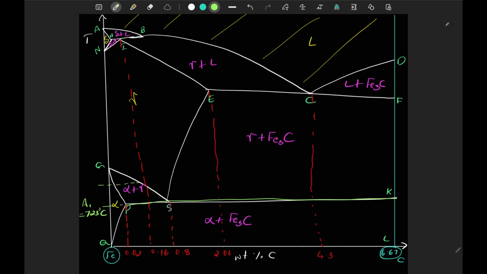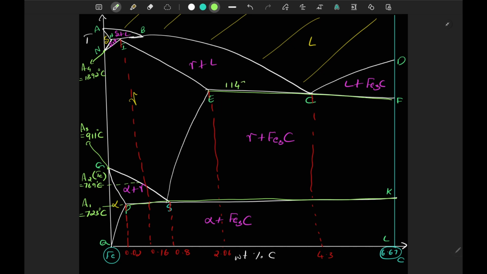And a little above we have the A2 temperature, that is 769 degrees Celsius, which is called as the Curie temperature. And at point G we have A3 temperature, that is 911 degrees Celsius. At point N we have A4 temperature, that is 1392 degrees Celsius. This line is called as the eutectic line.